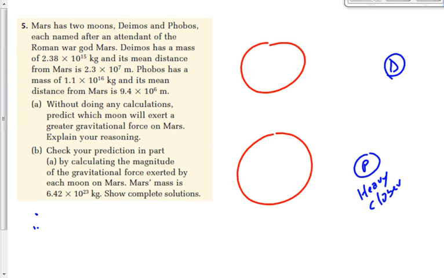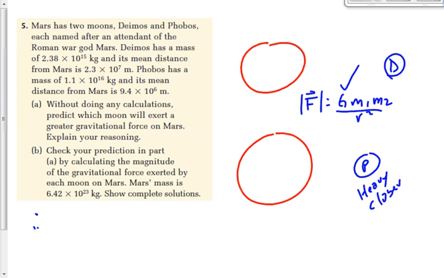Now we can check our prediction in question A here by calculating the magnitude of each of these. Not sure we need to go through the actual calculations. In both cases, it's going to be G m1 m2 over r squared.